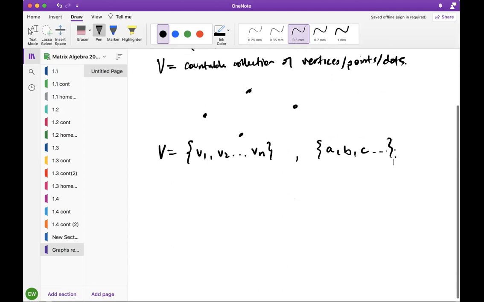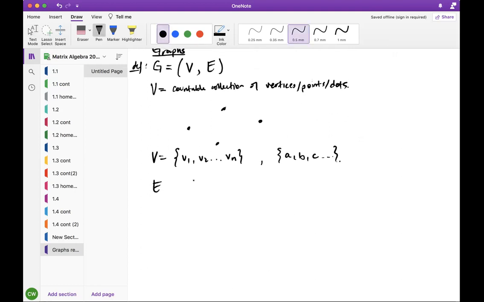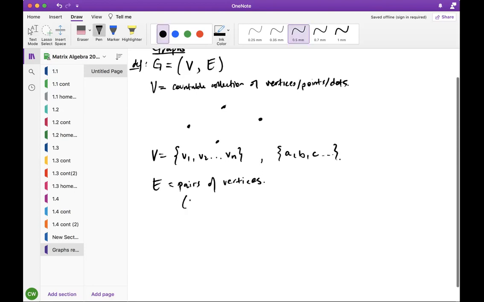So with the vertex set, we also assign an edge set. The elements in the edge set are going to be pairs of vertices. If you have a pair VI, VJ that's in the edge set, that means that the vertex VI is connected to the vertex VJ by an edge.